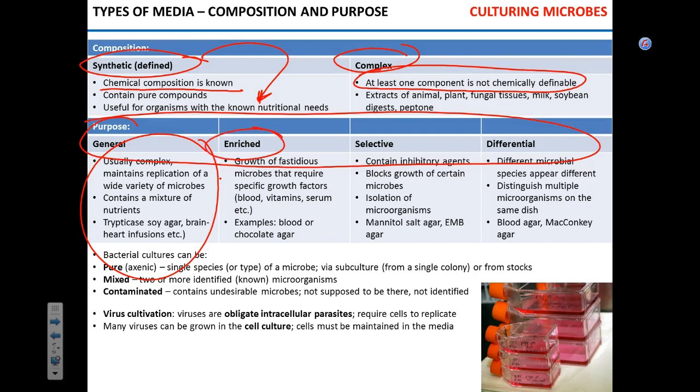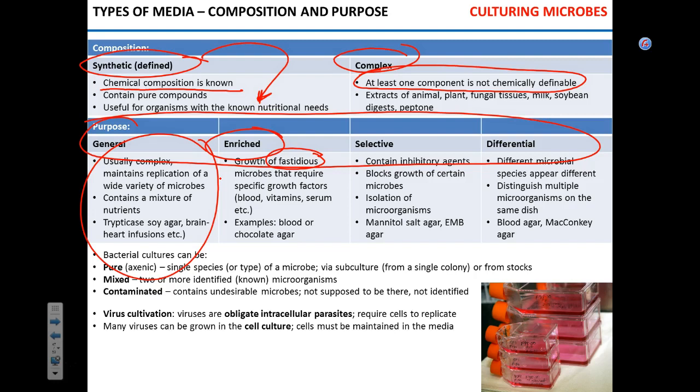Enriched. Enriched medium contains some kind of nutrient that is required by fastidious microbes. Now, what is a fastidious microbe? Picky microbe. A great example of a fastidious microbe is Neisseria.